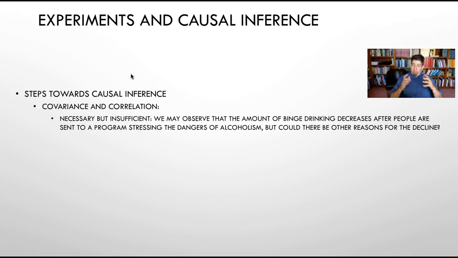So here we can observe, for instance, that the amount of binge drinking may decrease after people are sent into a program stressing the dangers of alcoholism. But could there be other reasons for that decline? If there was no decline in binge drinking after the program, then we could assume that there is no causal relationship because there would be no correlation.